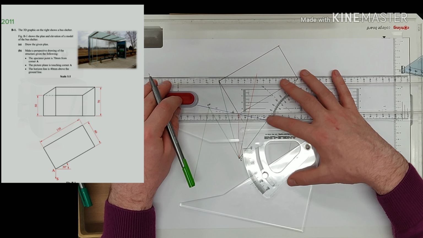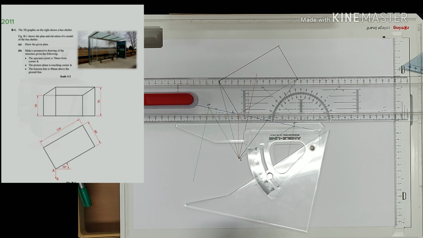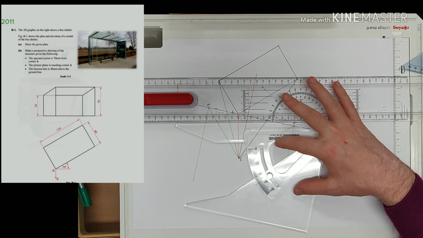So it's best practice to try and draw the ground line first. That way you know how much space you've left when you want to draw in the horizon line.